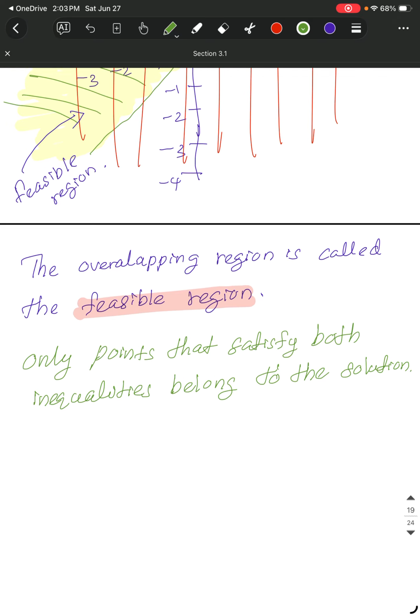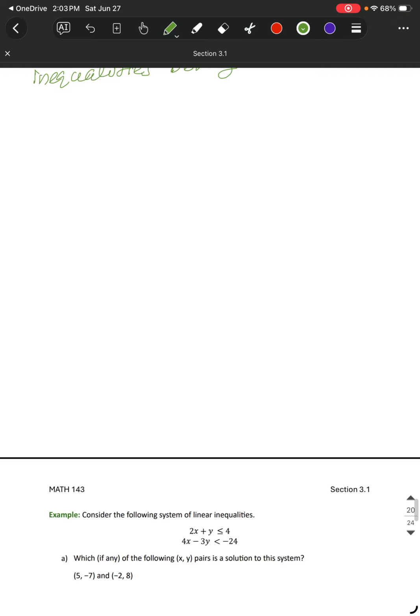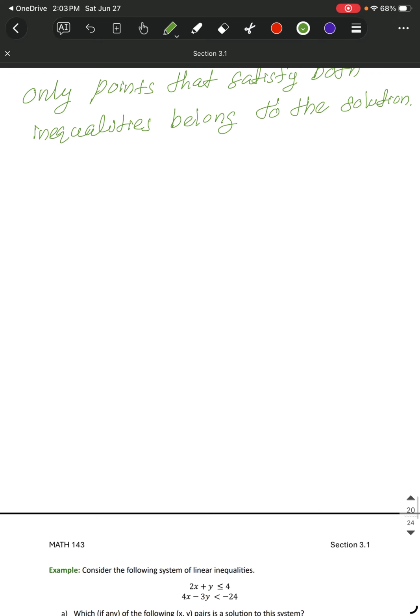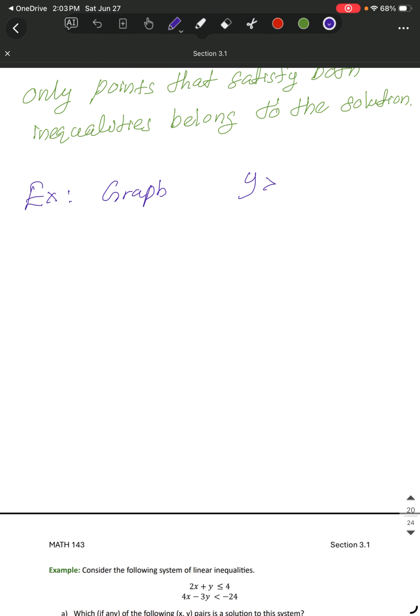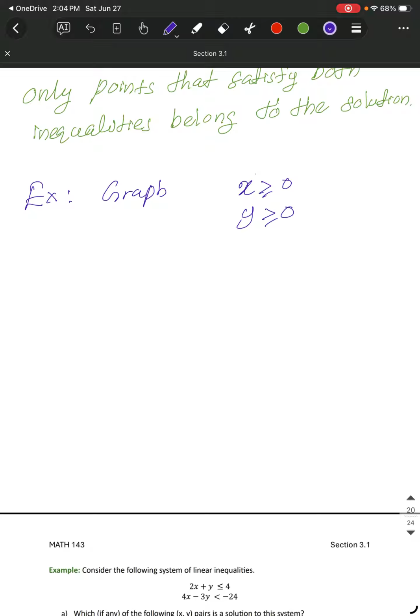Okay, let's take one more example. Graph x greater than or equals 0, y greater than or equals 0, x plus y less than or equals 6.